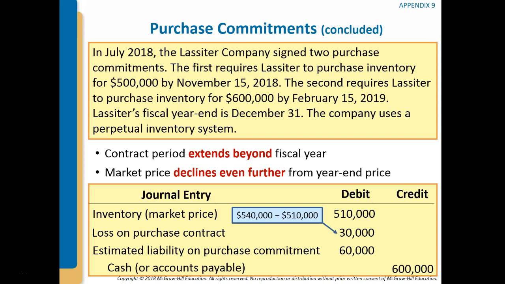Again, the total loss on this purchase commitment of $90,000 is thus allocated between 2018 and 2019 according to when the decline in value of the inventory covered by the commitment occurred. If there are material amounts of purchase commitments outstanding at the end of a reporting period, the contract details are disclosed in a note. This disclosure is required even if no loss estimate has been recorded.